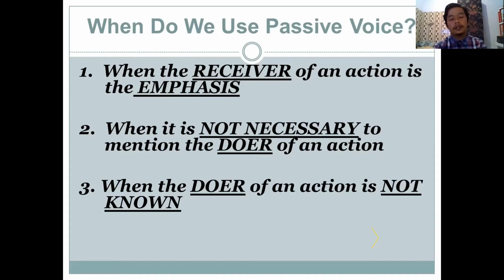In the third, when the doer of an action is not known. Jadi sebuah kata aksi ini tidak kita ketahui apa dan tujuannya dan subjeknya. Itu kita bisa menggunakan passive voice to know the sentence and explanation.